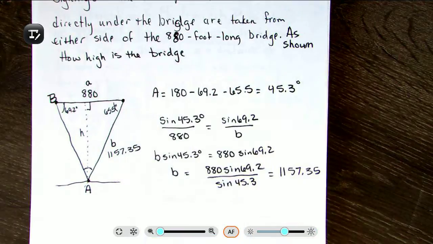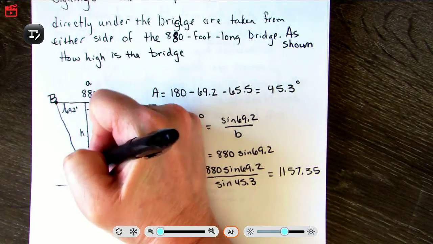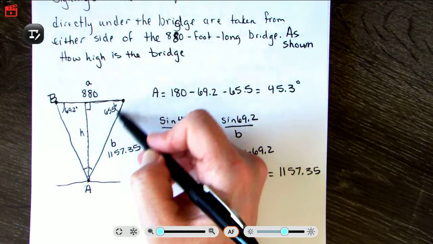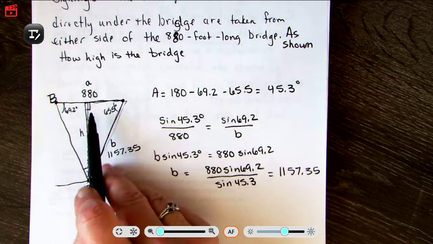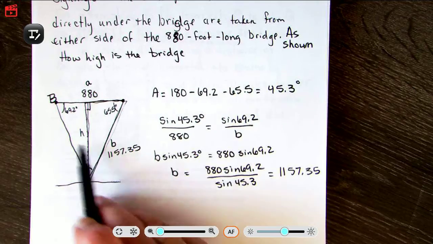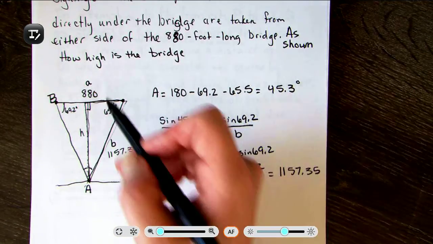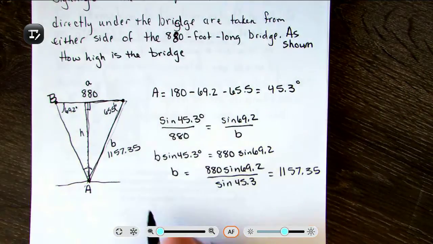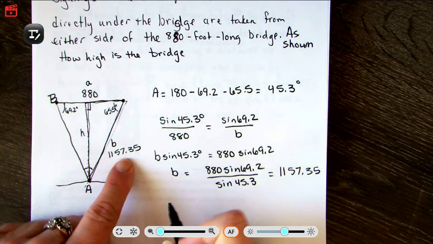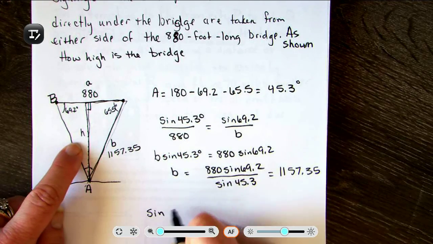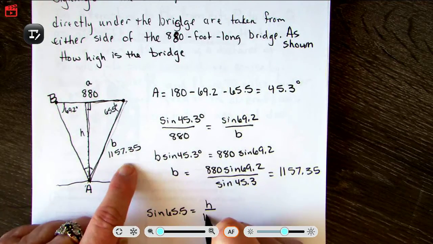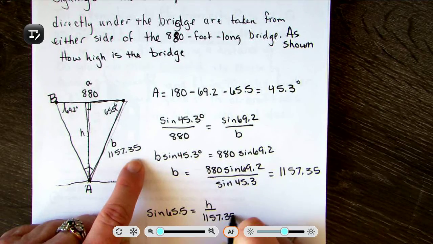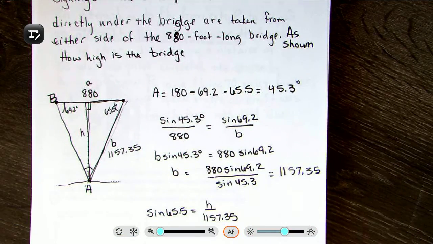Okay, and now I'm going to work with this triangle here. This one right there. So there's my right angle. This is now my hypotenuse. I need to find that height. So in reference to this angle, that is my opposite over the hypotenuse. So the sine of 65.5 is that opposite over this 1157.35. And there are more decimals, which are still in my calculator.